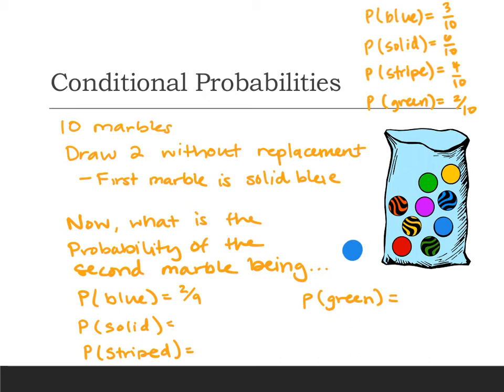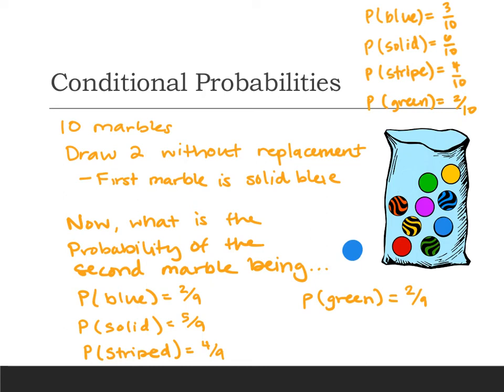Solid marbles, there's 1 less because I took a solid marble out, so now there are only 5 solid marbles out of 9. My number of striped marbles did not change. There are still 4 striped marbles in the bag, but there are only 9 marbles left, so instead of 4 out of 10, it's now 4 out of 9. And for the probability of getting a green marble, I still have 2 green marbles in the bag, but out of 9 marbles. So that's the idea of conditional probability.